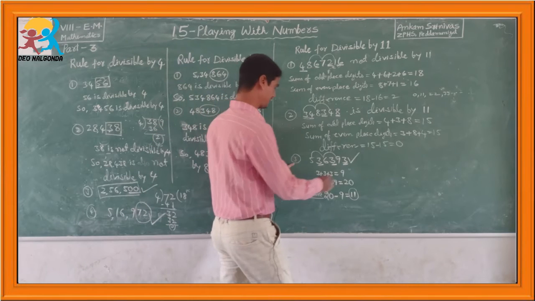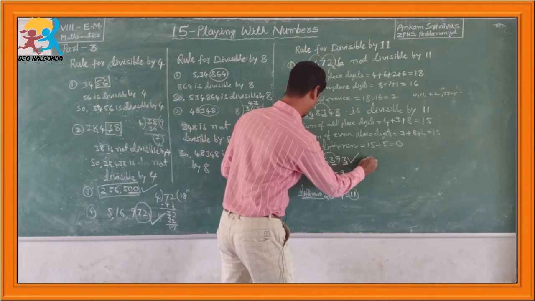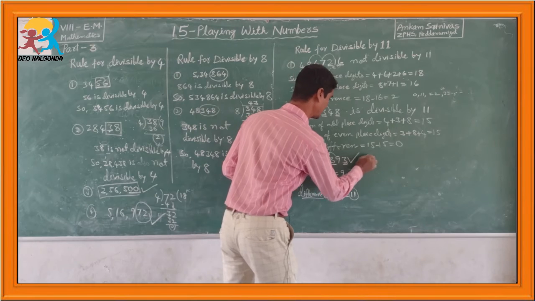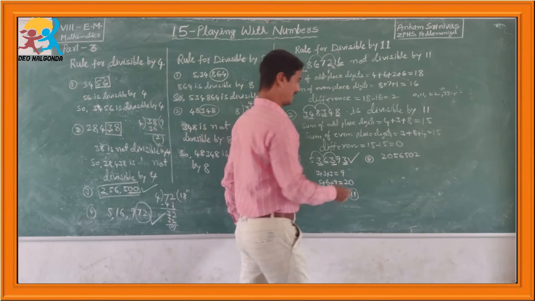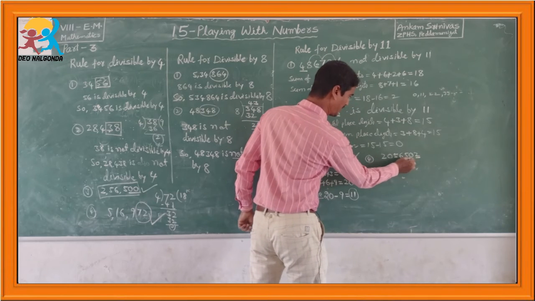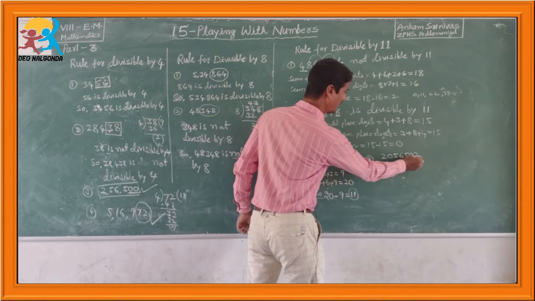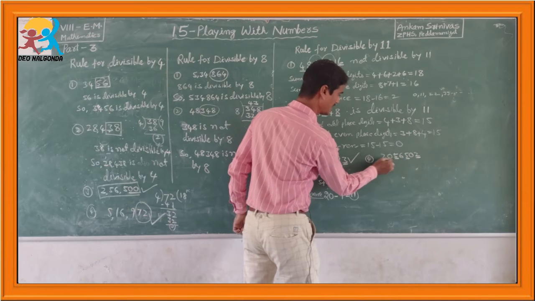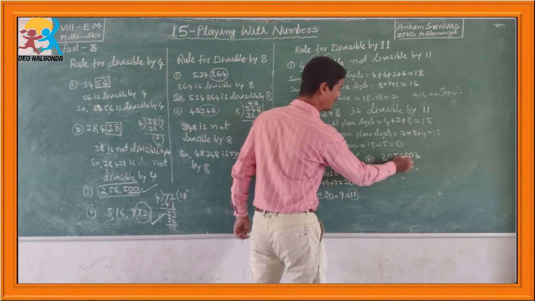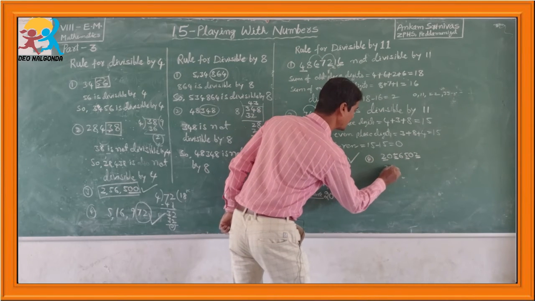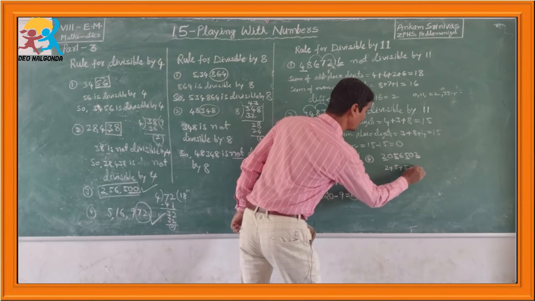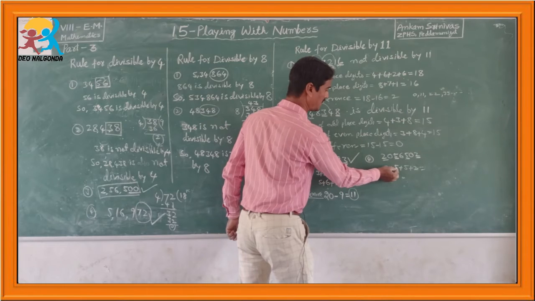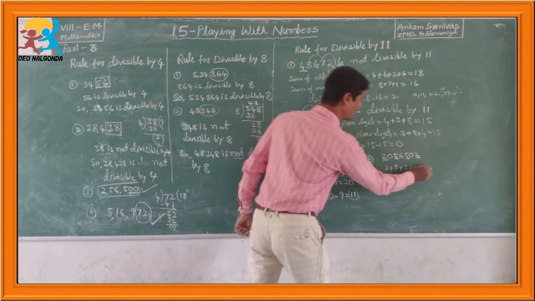Take another question. Fourth question. In this case, first simply take the alternate digits. Find the sum of the alternate digits here: 2 plus 5 plus 5 plus 2. 2 plus 5 is 7, 7 plus 5 is 12, plus 2 is 14.